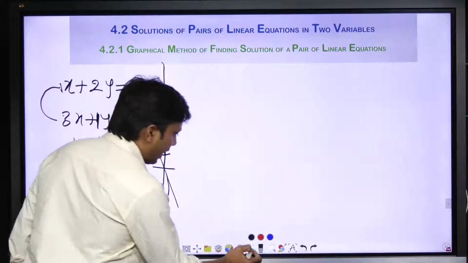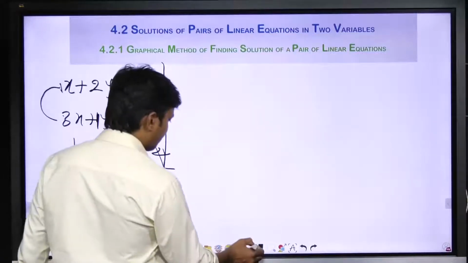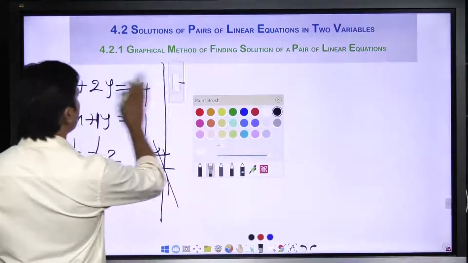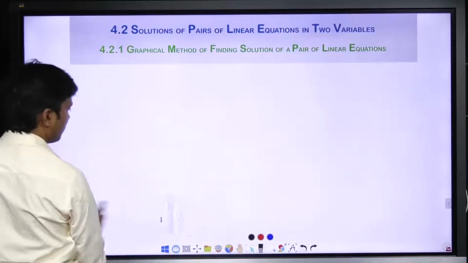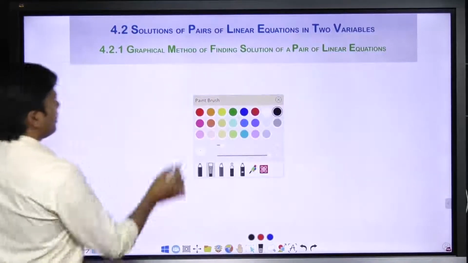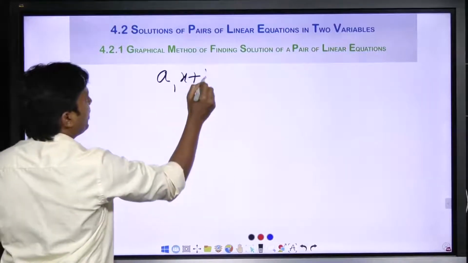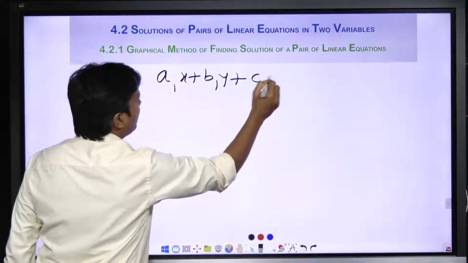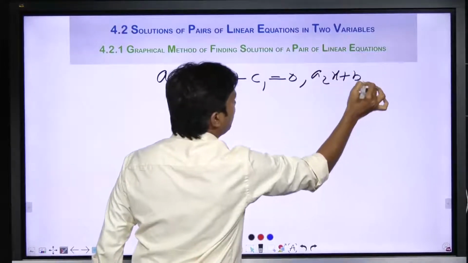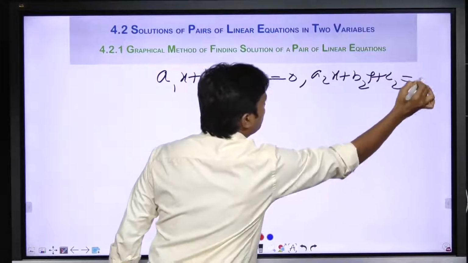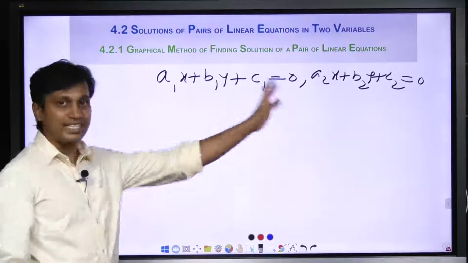How can we write this? Let me show this in the form of a formula. Just see. Let us suppose a1x plus b1y plus c1 equal to 0 is the first equation, and a2x plus b2y plus c2 equal to 0 is the second equation. Now how to test for the consistency?